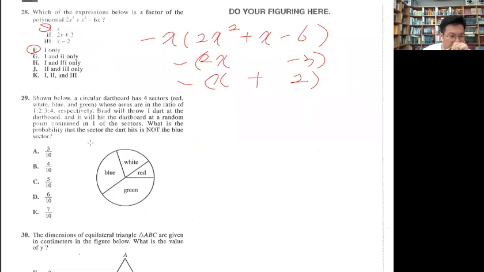1, 2, 3, 4. What is the probability that the dart lands on a sector not blue? Not blue. Blue is 3, right? So take out the 3, which is 1, 2, 4, which is 7 out of 10.